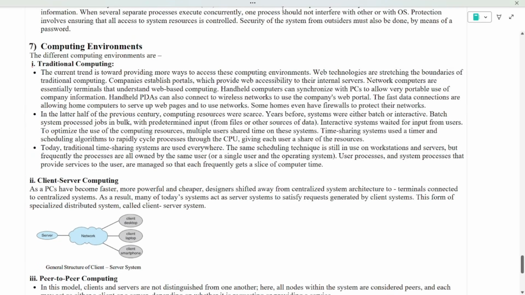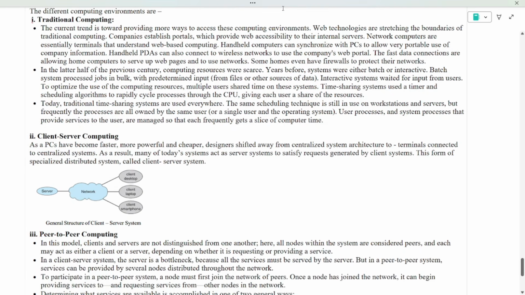Now, the last question in this module is types of computing environments. That is first, traditional computing. Traditional means what? We will say it as old. Current trend is toward providing more ways to access these computing environments. Web technologies are stretching the boundaries of traditional computing.